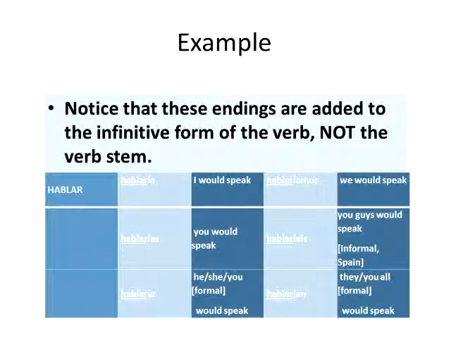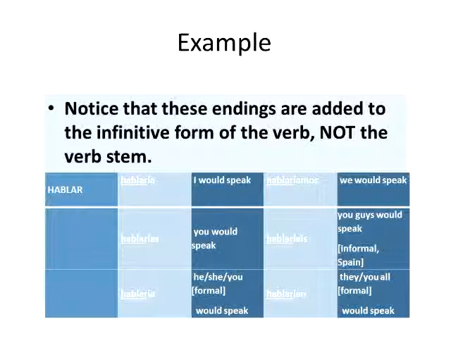So for the example that I gave last time, we have hablar, it would be hablaría, hablarías, hablaría, hablaríamos, hablaríais, hablarían. Okay, and then these are the English meanings. I would speak, you would speak, he, she, you would speak.